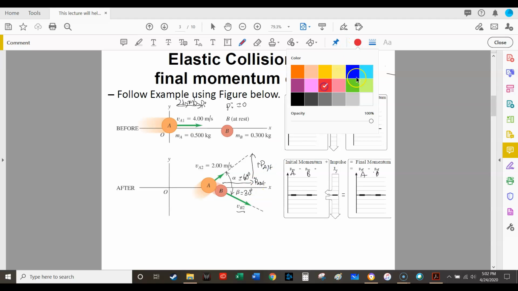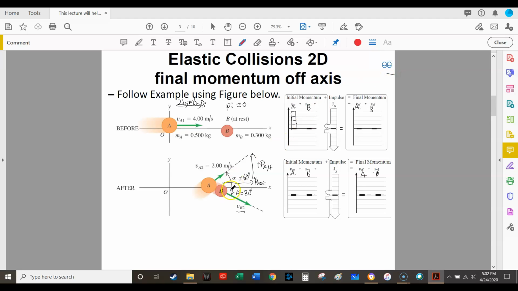Ball B is going to have also its own momentum in the x direction final, and it's going to have a momentum in the y direction final, but this guy is going to be negative. This guy is going to be positive, right?